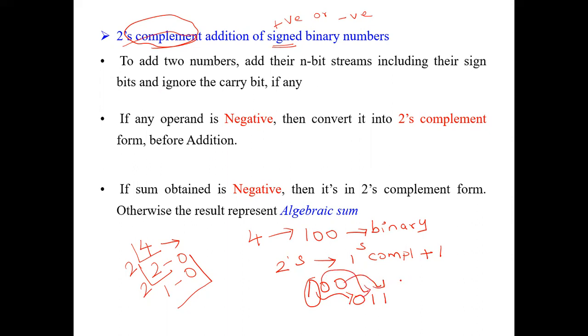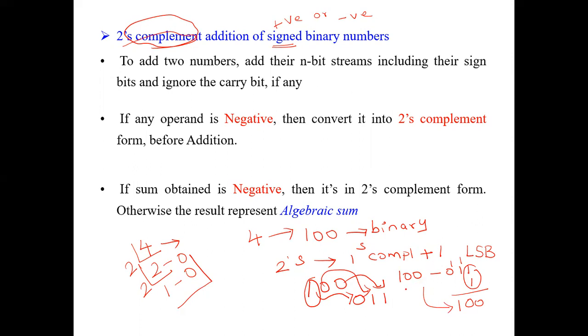So this is 1's complement. The 1's complement of 100 is 011, and add 1 to the LSB. LSB means least significant bit. If I add 1, you will get 100 again. So the 2's complement of 100 will be again 100.